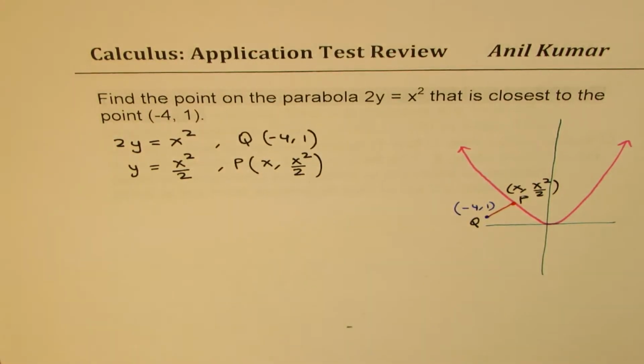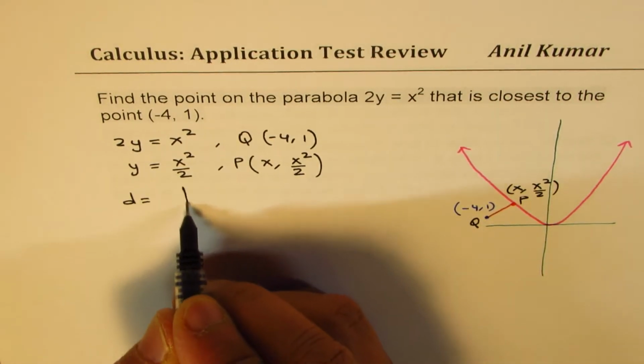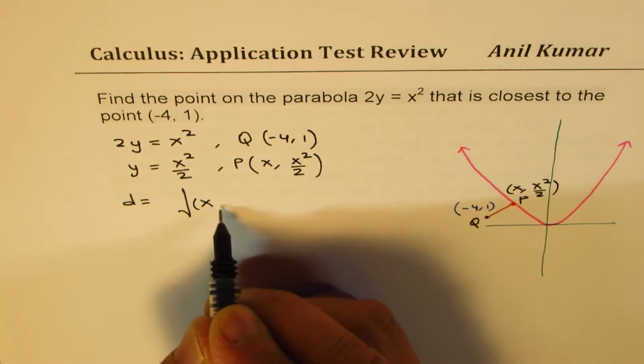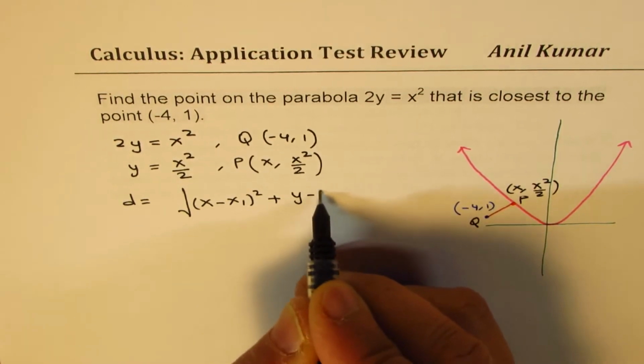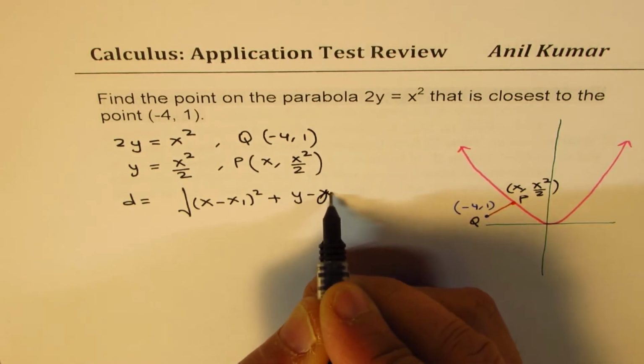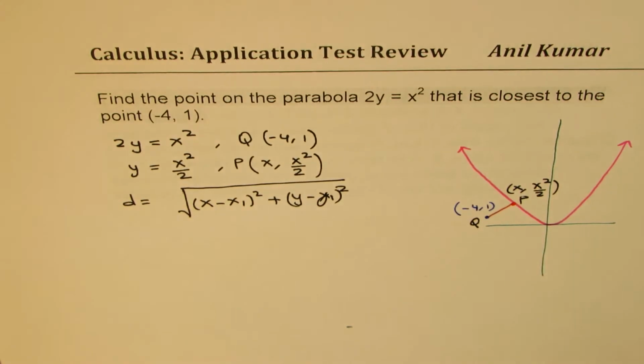Now in this series, all the questions are distance related. Distance, as you know, can be found by the square root of x minus x1 whole square plus y minus y1 whole square. So that is the general formula.